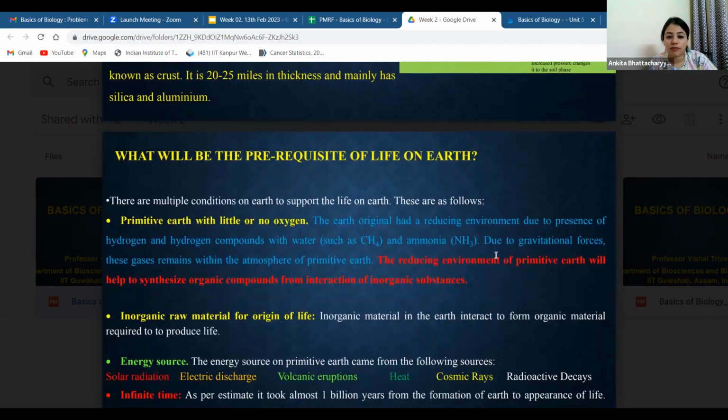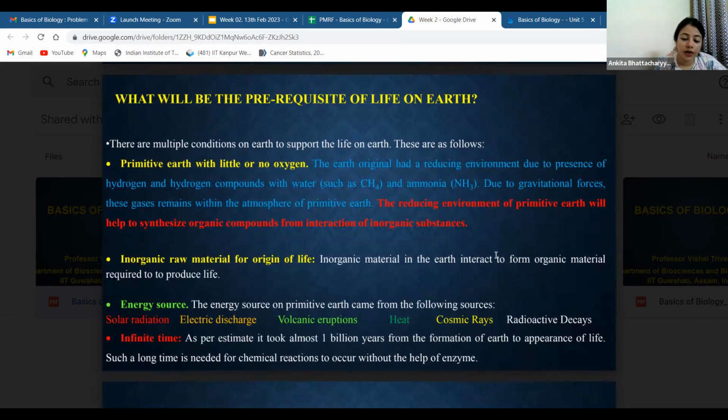Then came the idea that for this earth, which was just made up of these materials and had this primitive sort of condition, what would be required to actually have life on earth? There were some prerequisites taken into consideration. One of the first initial conditions was a reducing environment where there was little to no oxygen.